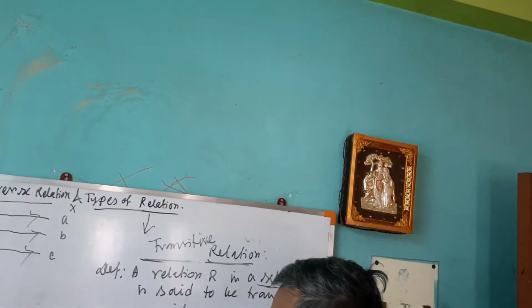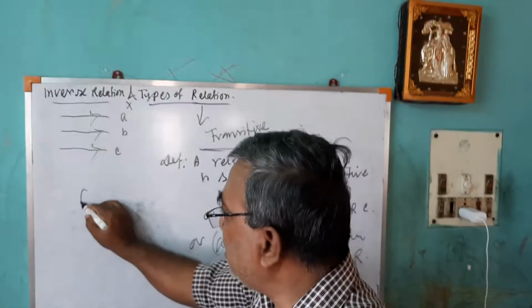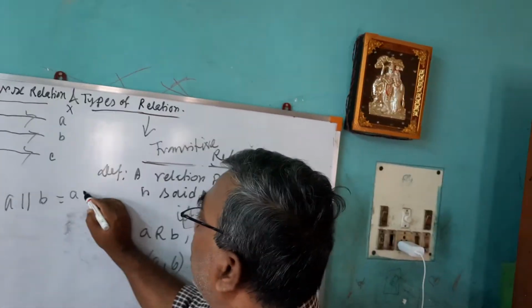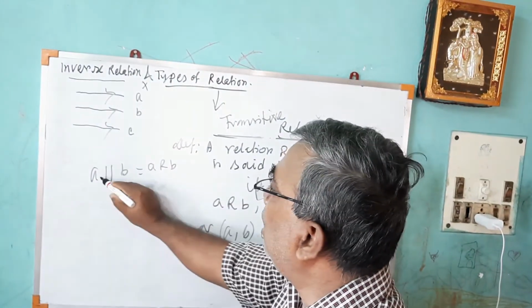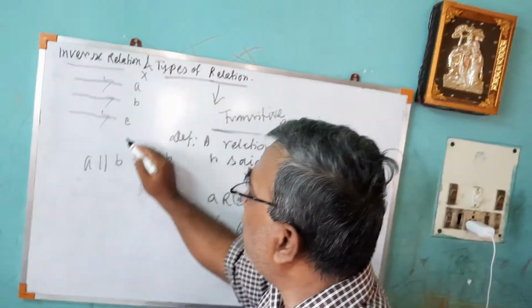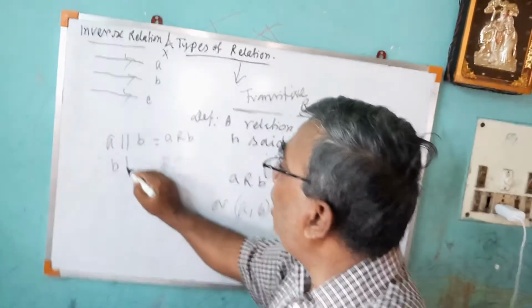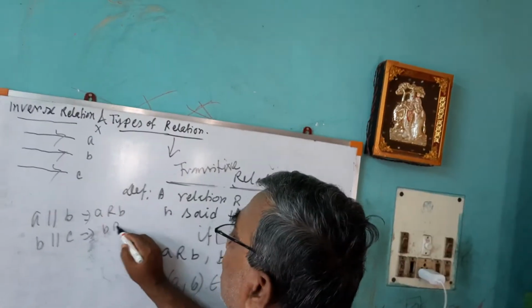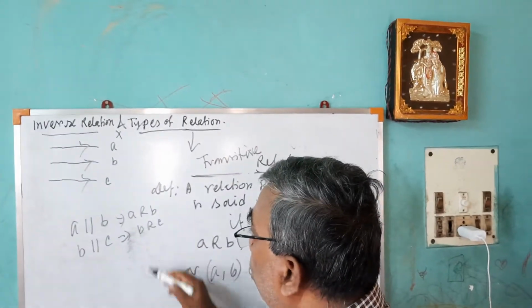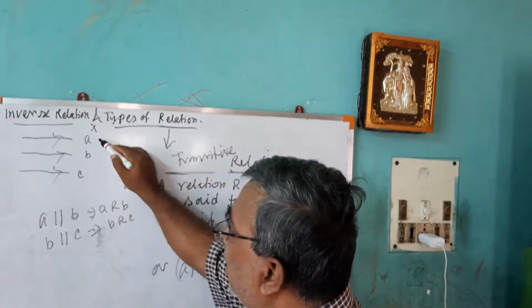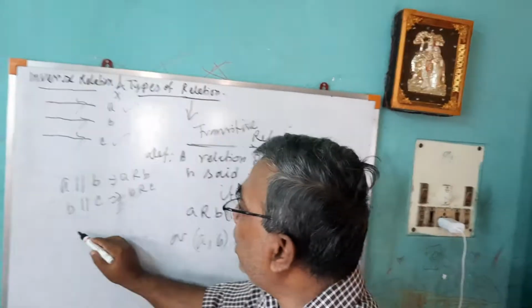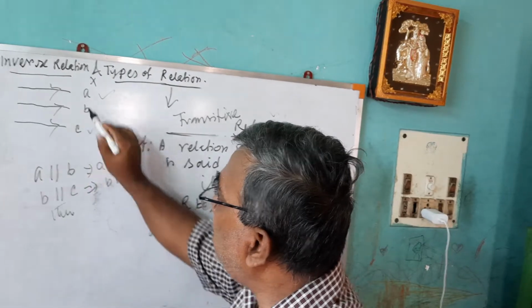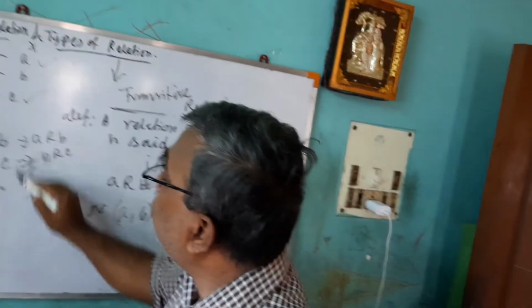From here we can say a is parallel to b, so a relation b. Similarly, b is parallel to c, so b relation c. From these two assumptions we can say a is parallel to c.